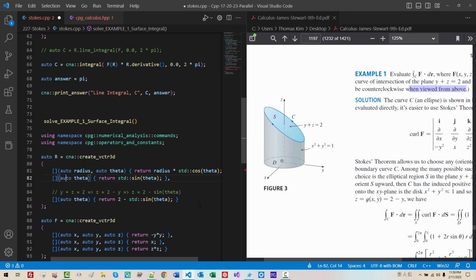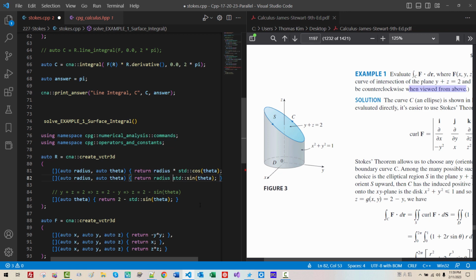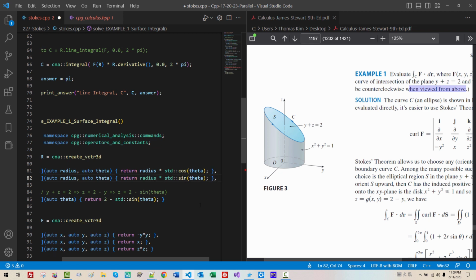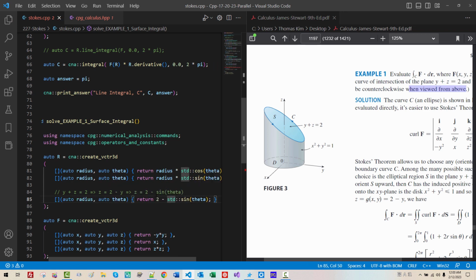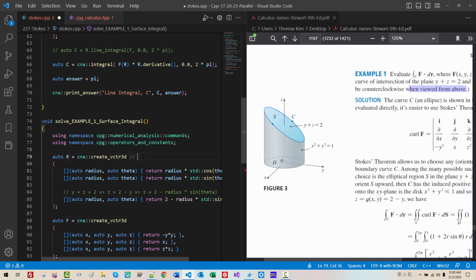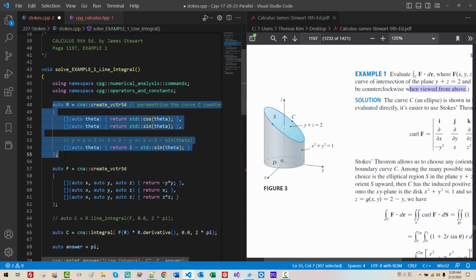In the same manner, y should be radius times sine theta. Copy this, paste it here. These are parameterized surface S.